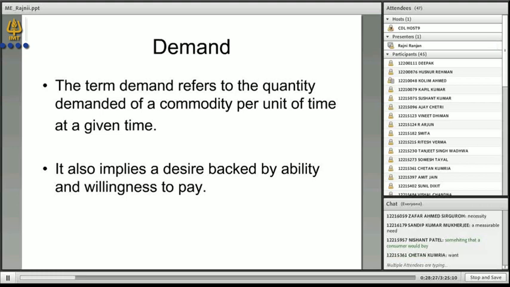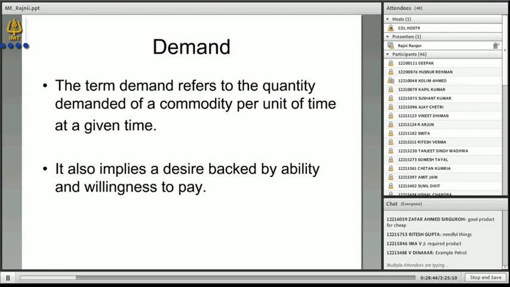Yes, something that a consumer would buy or want. Absolutely correct. Okay, a good product for cheap, that also could be a need, that you want to buy something which brings value to yourself. So basically most of the answers that I'm getting, demand from our side is nothing but the need that is there for a product.